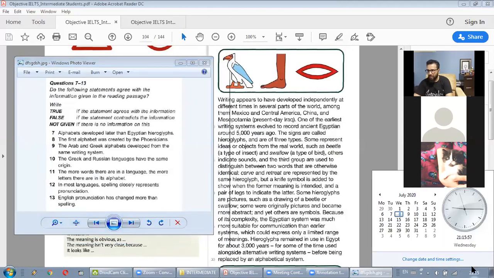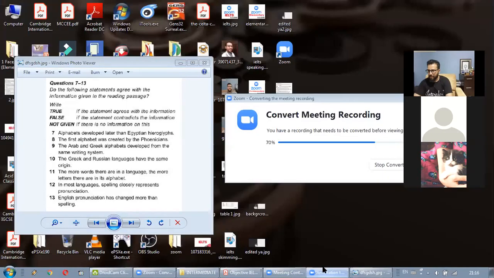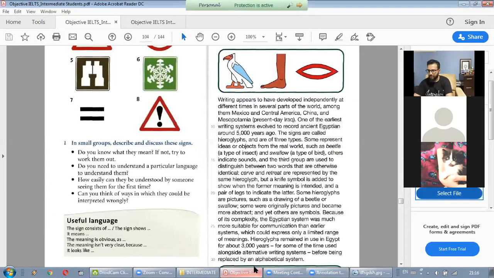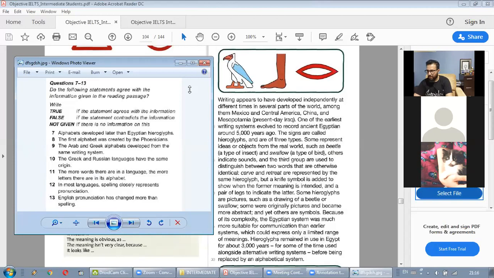So 3, 2, 1, go. Sorry, it went out. Okay, 3, 2, 1, go. If you can't find anything relevant here, it means I need to take you to the last part of the text, but check first.